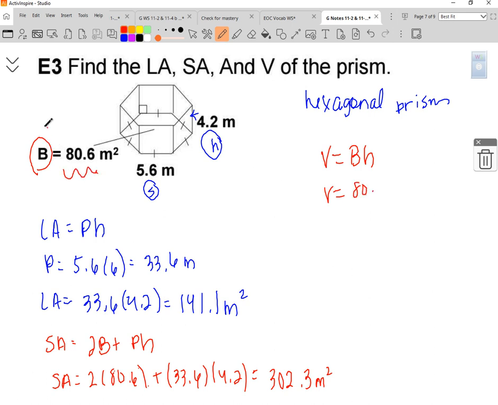This is a given. 80.6 times the height of 4.2. 338.52, so we're going to round that to 338.5, and that is cubic meters. Any questions?